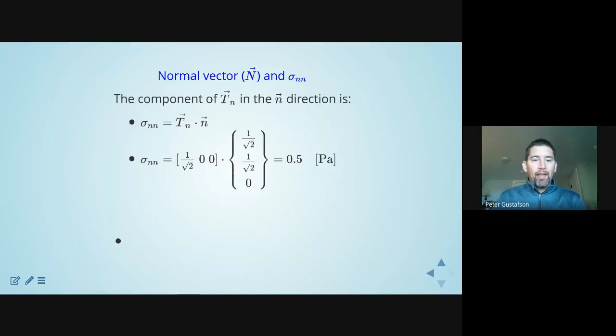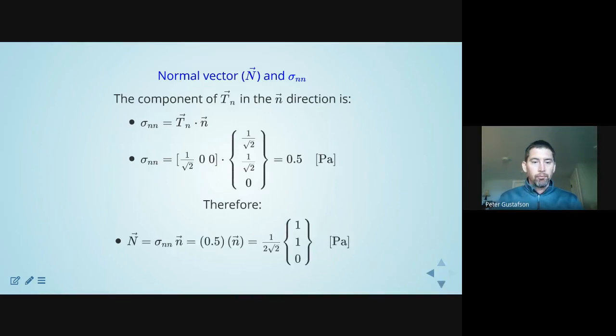And now if we dot that with the normal vector, we're going to end up with this very simplistic calculation. So 1 over root 2 times 1 over root 2 plus 0 times whatever plus 0 times whatever is going to end up being 1/2. So 1/2 Pascal is the normal component of stress, sigma nn, oriented on this new normal face.